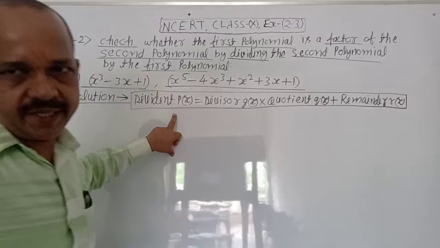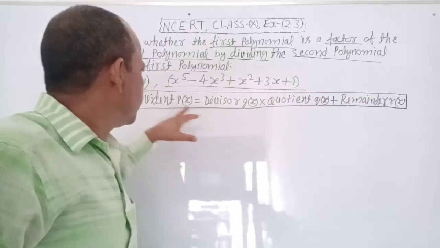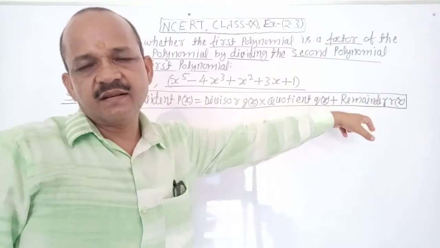It is a suitable identity. Dividend equals divisor multiplied by quotient plus remainder, p(x) equals g(x) multiplied by q(x) plus r(x).